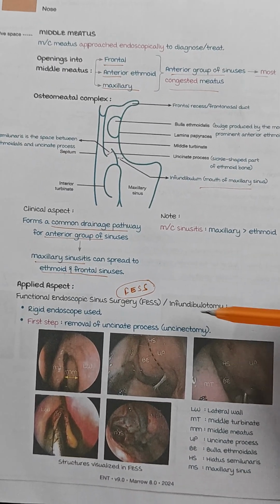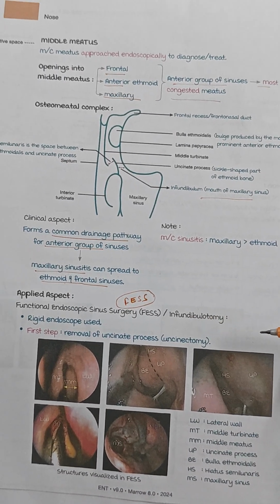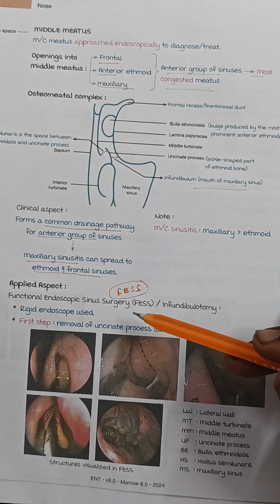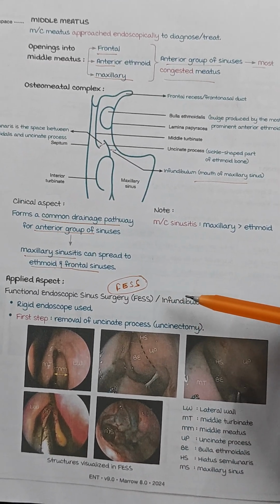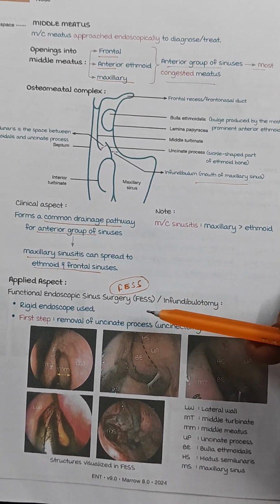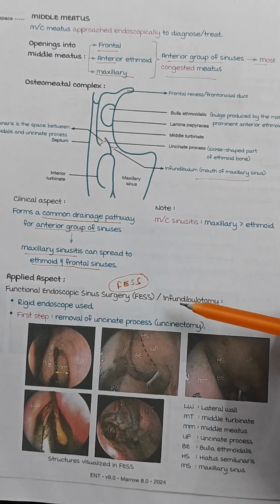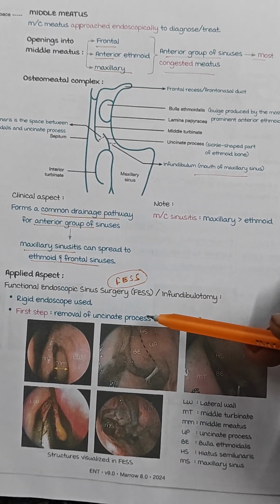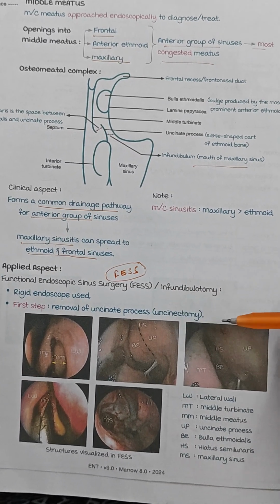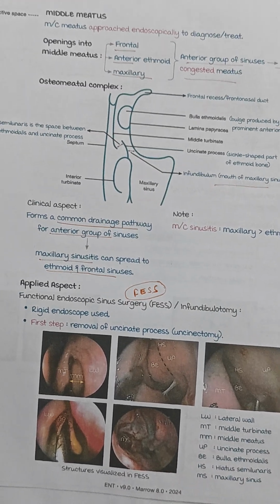For the applied aspect, the surgery is FESS, functional endoscopic sinus surgery, in which a rigid endoscope is used, and the first step is the removal of the uncinate process, that is the uncinectomy.